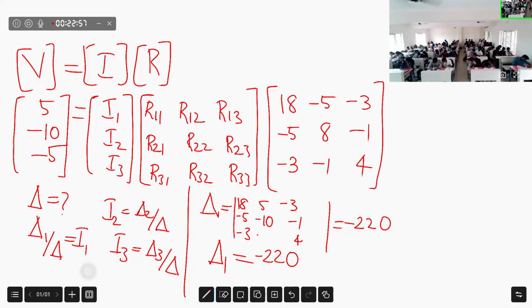So find out the del 2 value. You should get around minus 680.